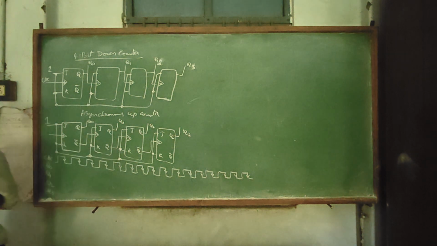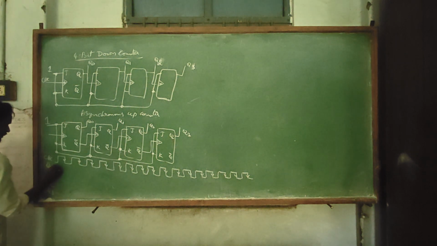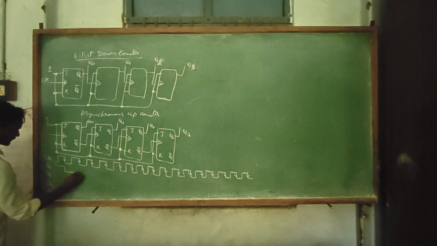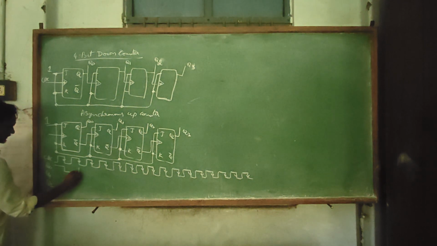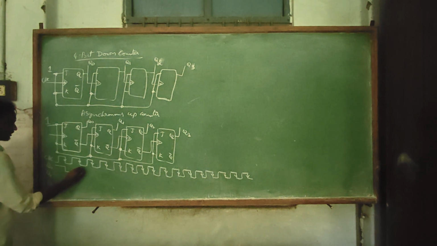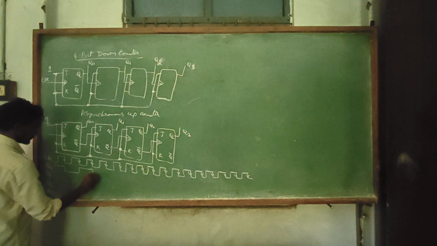So Q0 is also at 1 initially, and by the end of the first clock pulse it goes to 0. So at the end of each clock pulse Q0 changes its state.